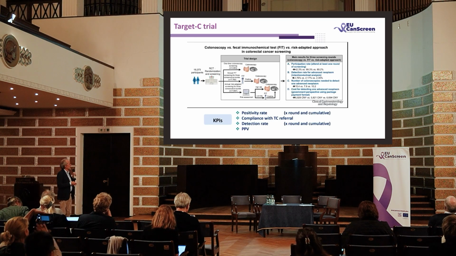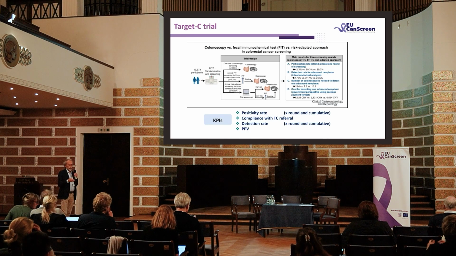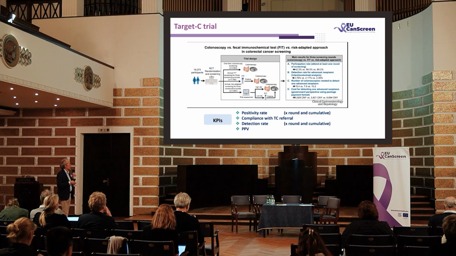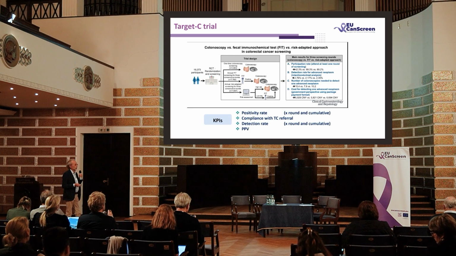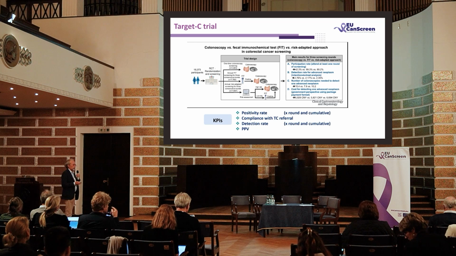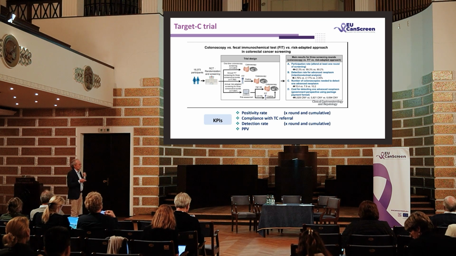They provided information about the cumulative positivity rate, compliance with the colonoscopy, and the detection rate of positive or high-risk findings, again cumulative, and the positive predictive rate. They had three arms.